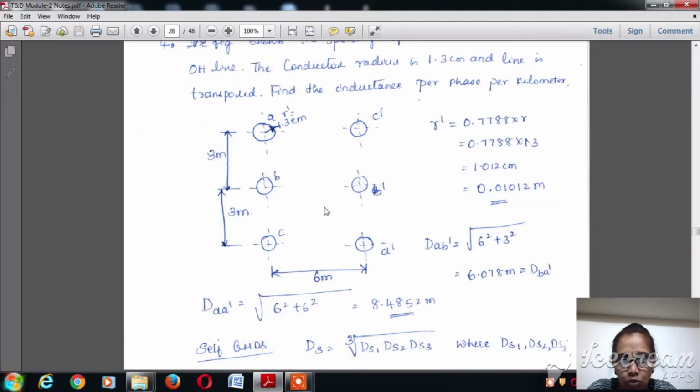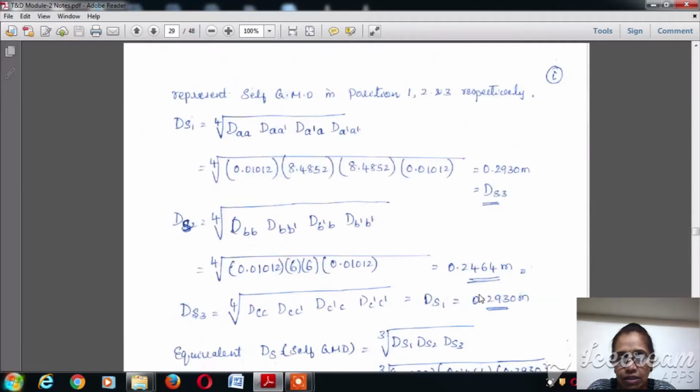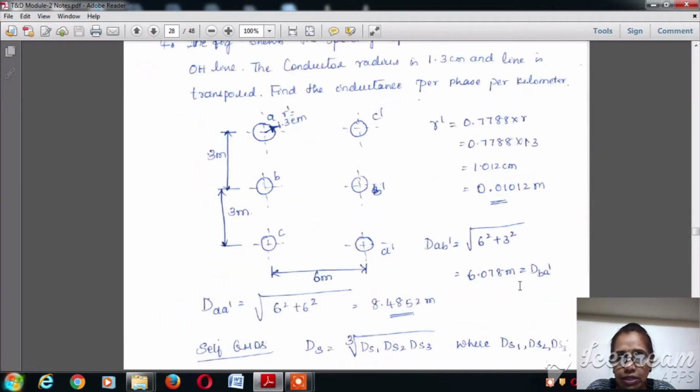DAB dash is the hypotenuse, equal to square root of 6 square plus 3 square, that is nothing but 6.708 meters, that is equal to DBA dash also. So DBA dash also is going to be the same, because it is 3 and it is 6 here.